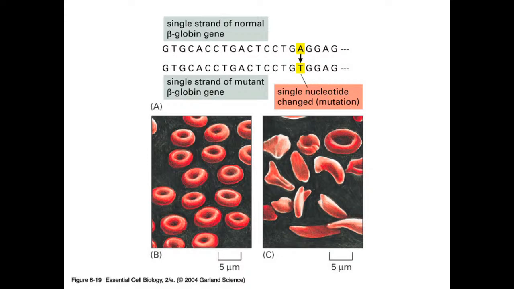Because of that, in figure B you're seeing RBC cells in concave form, but in C they become sickle cells, so they cannot carry oxygen as well as in the B form. And this happened because of the change in the first sequence, from A to T.